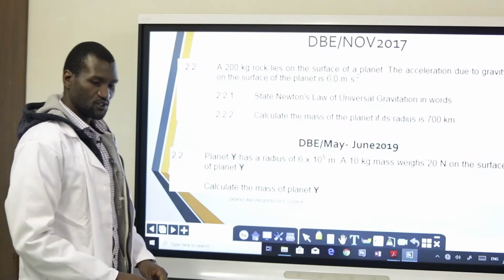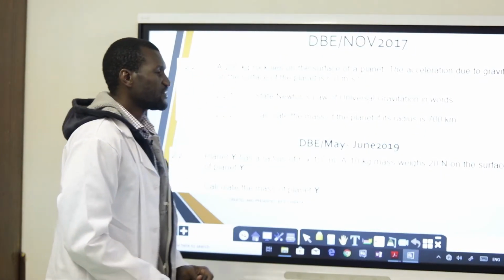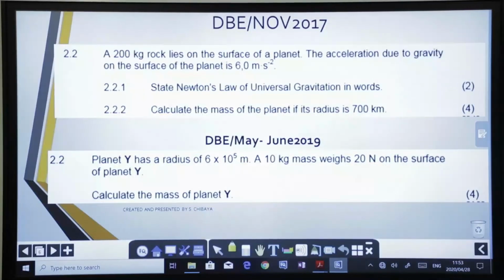Let's move on to further calculations that we can do. Here is question 2.2 that we can work out. What does 2.2 say? 2.2 says a 200 kg rock lies on the surface of a planet.